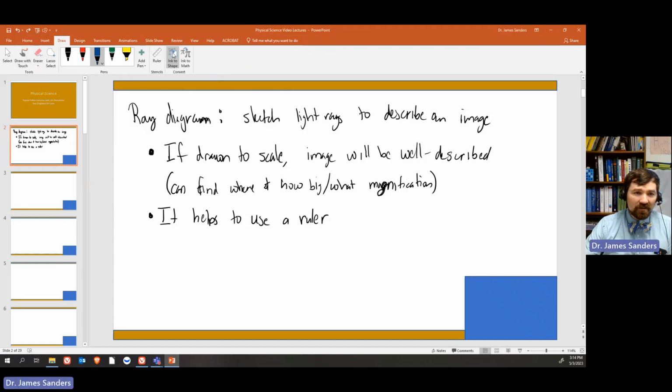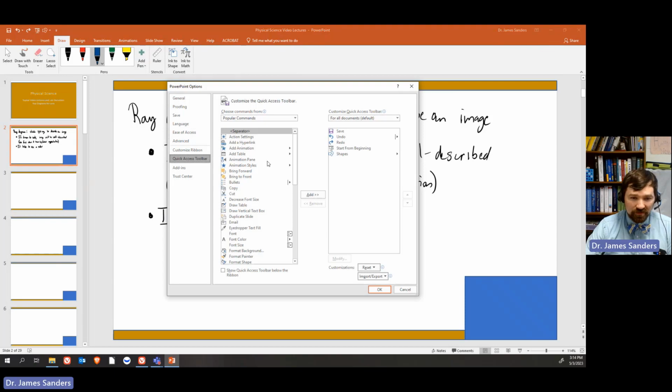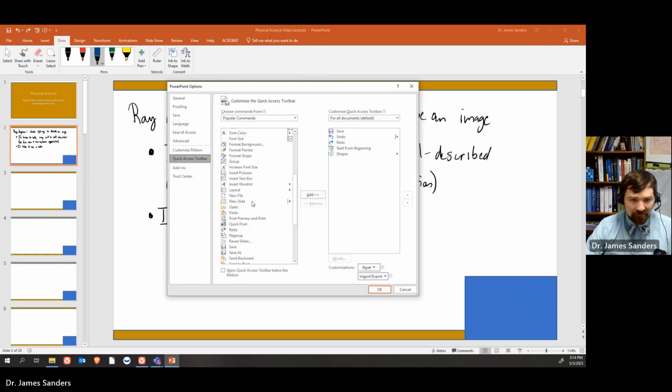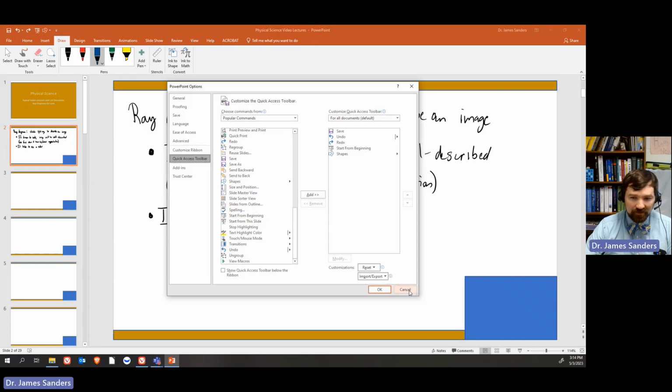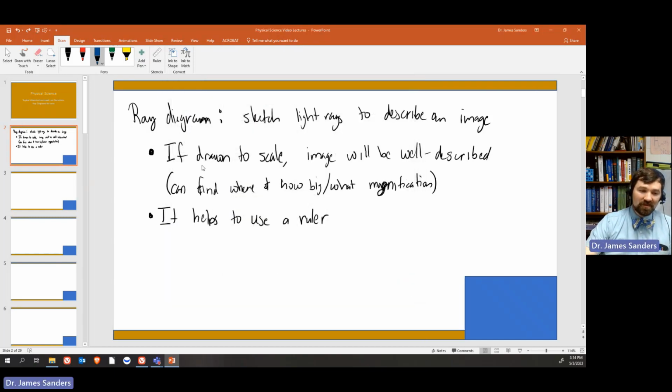This right here, not sure if I can add straight lines. May have to customize my toolbar from what I usually use. Yeah, that's a no-go. So this program I'm using, PowerPoint, is very good for 99% of my notes.